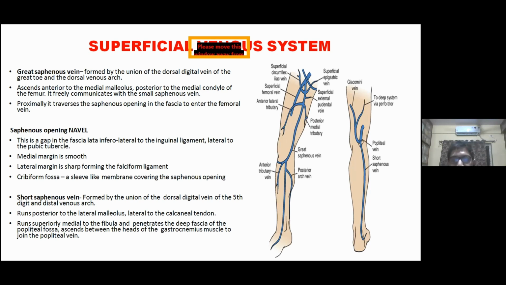Now, as compared to the great saphenous vein, the termination of the short saphenous vein is not fixed. Most of the time it terminates above the two heads of gastrocnemius in the popliteal vein, but many a time it can also terminate below that.